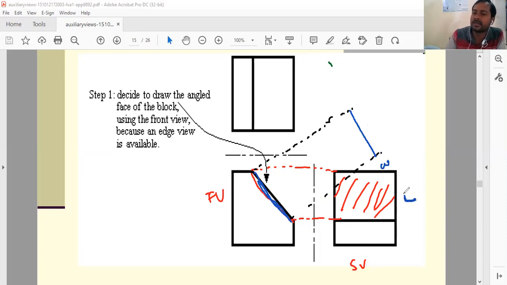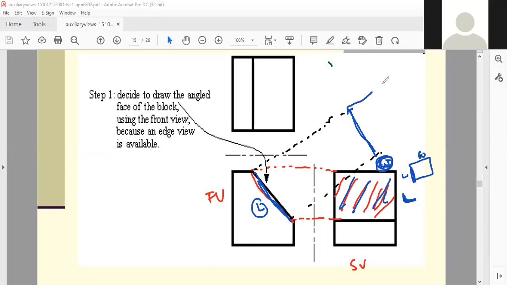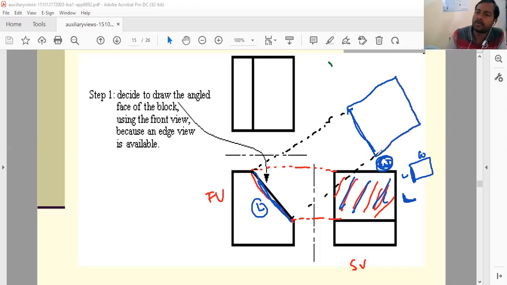This length is taken from this inclined line. So that is completed. Next, if you want to draw this square, this is the procedure: first length and width like this. Length is completed. Next, width is taken from this portion. You should take the width, and also draw the line at the bottom. This is the auxiliary view or true shape.